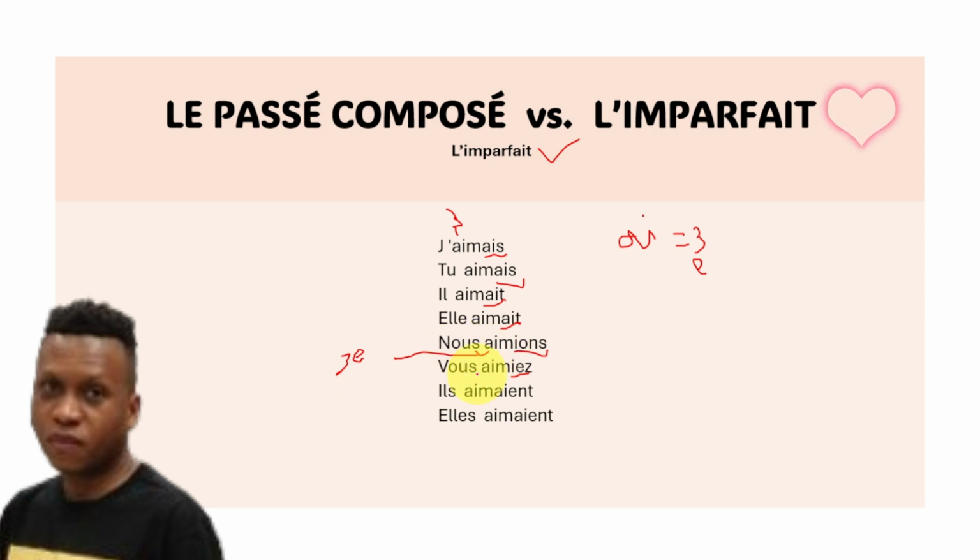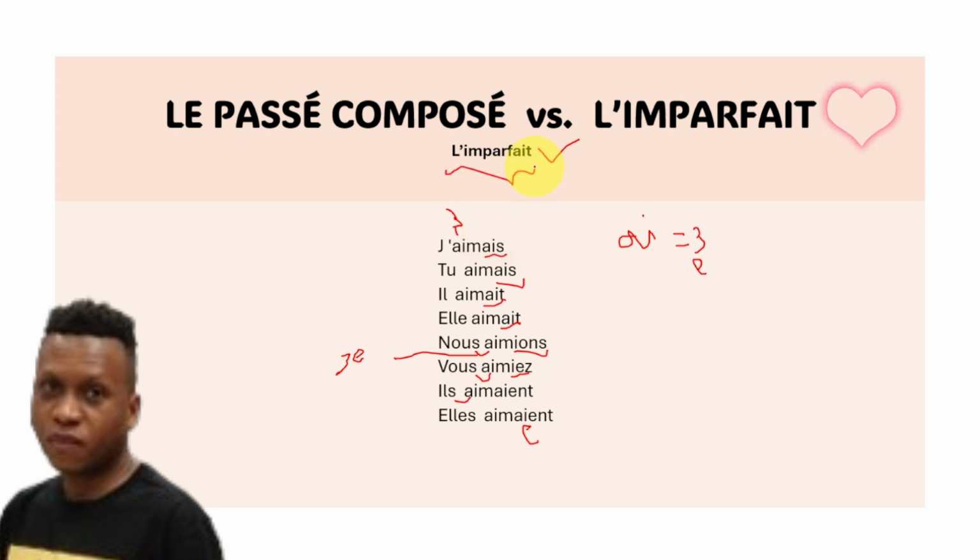Vous aimiez. Okay? So, nous aimions, vous aimiez, ils aimaient, elles aimaient. So this one, don't let all those vowels mixed get you confused. Don't get confused. Okay? So here we're using imparfait.